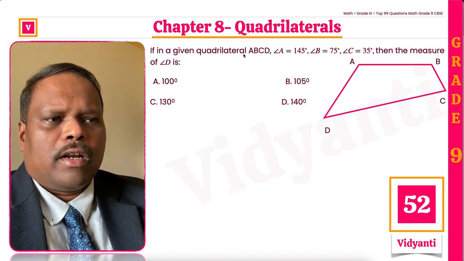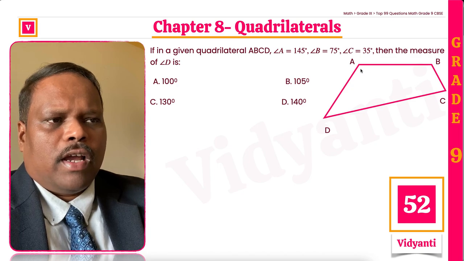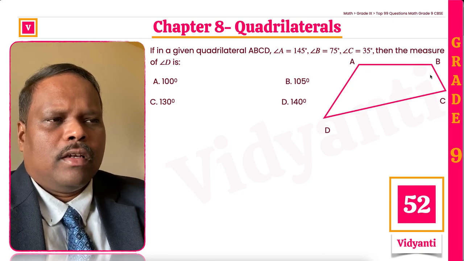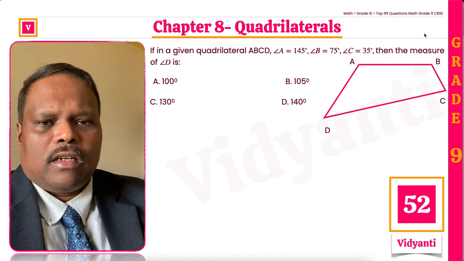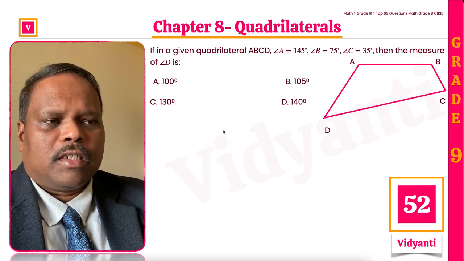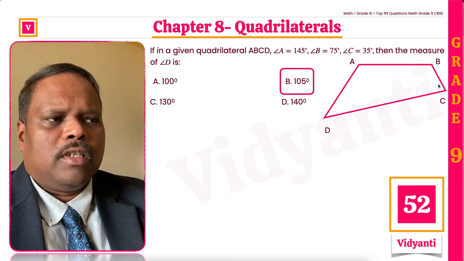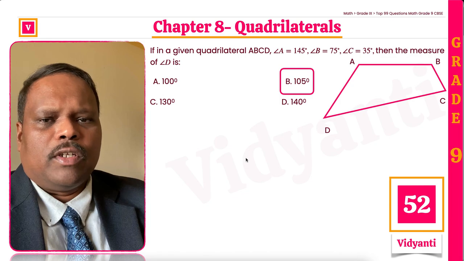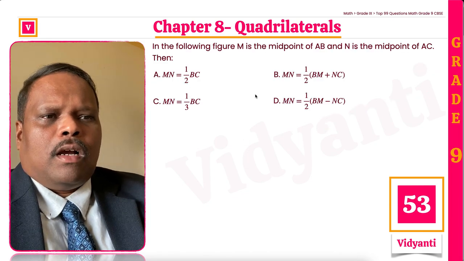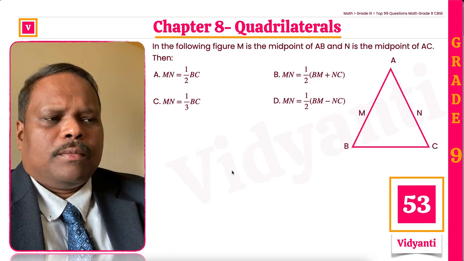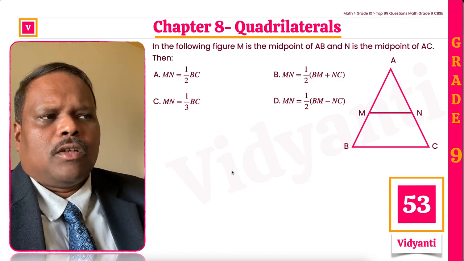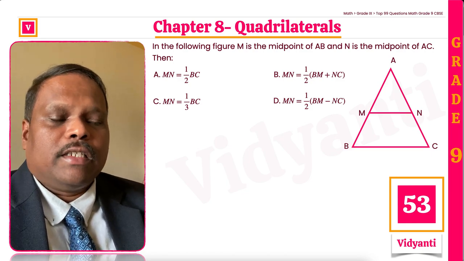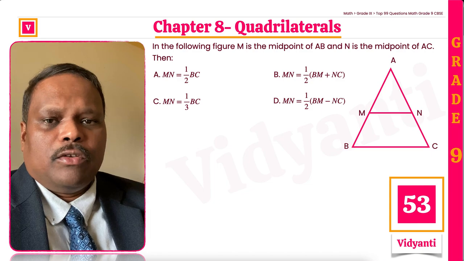In the given quadrilateral ABCD, angle A is 145, angle B is 75, angle C, well, we know that in a quadrilateral everything is 360, so 360 minus these angles will give you 105. In the following figure, M and N are midpoints of their respective sides, and we can use the midpoint theorem.